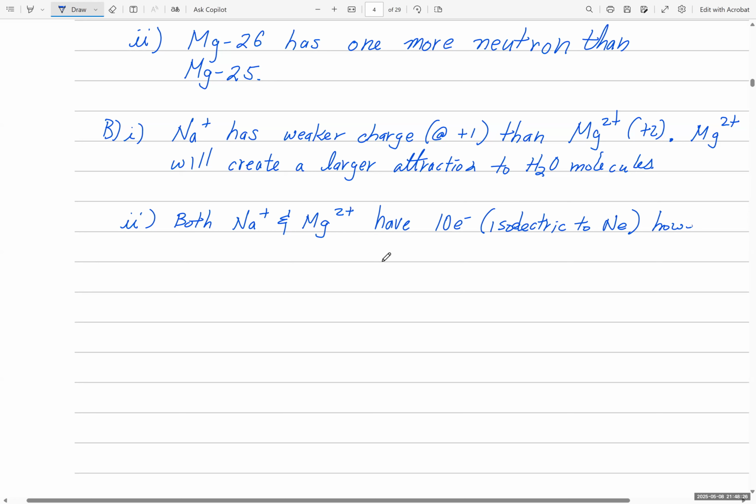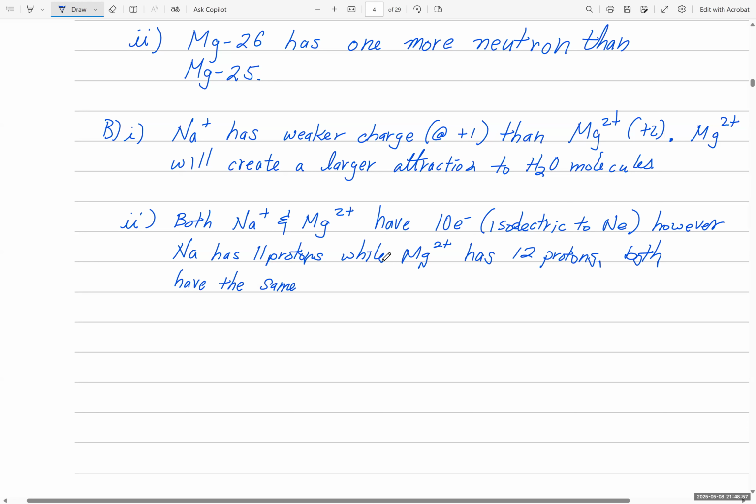However, Na has 11 protons, while Mg2 plus has 12 protons. Both have the same electron shielding.